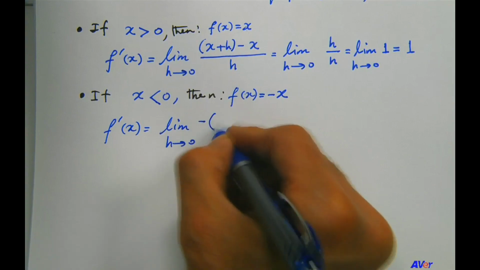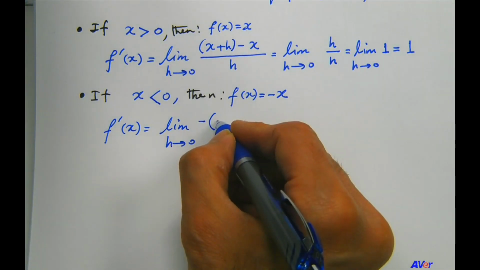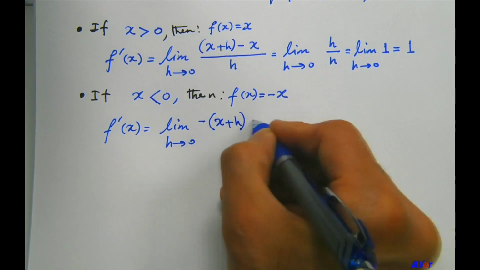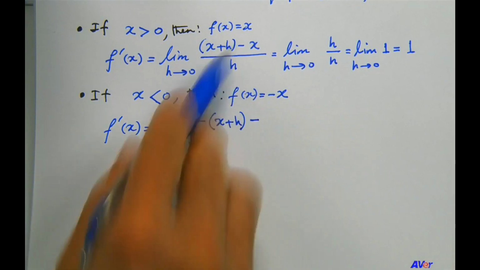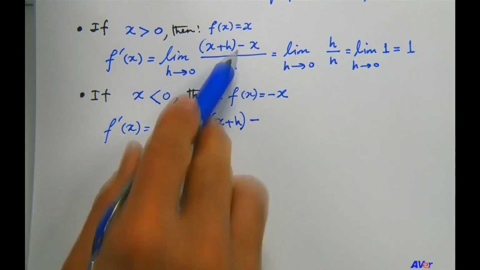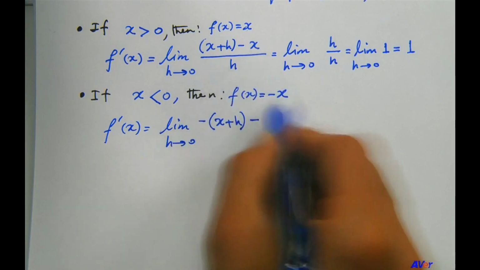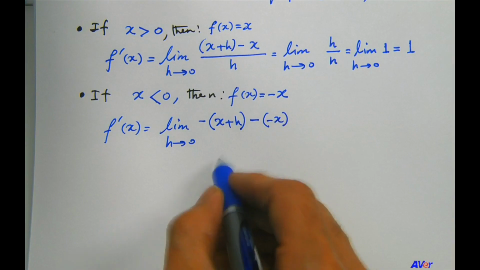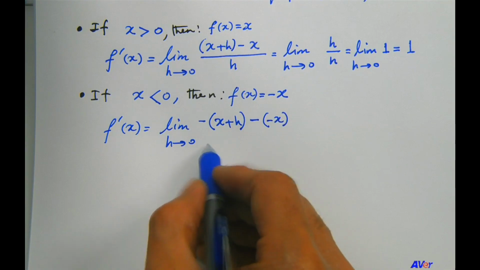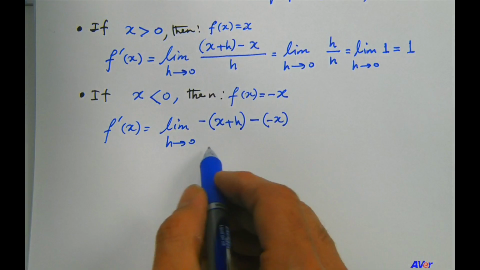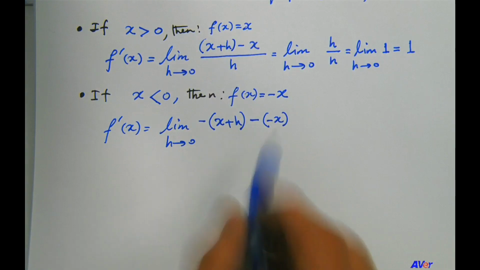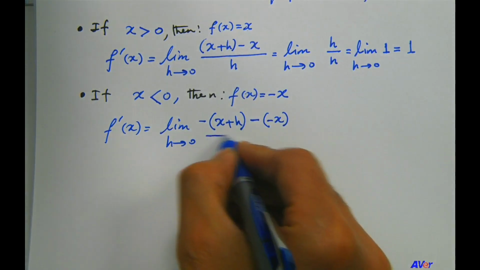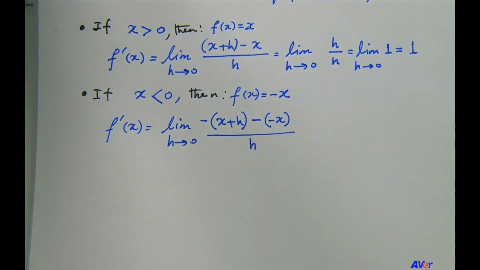So we have minus, minus x plus h, then minus of this minus, right? Minus, and this time instead of x we have minus x, so minus x. Okay, so let's see. Right, so this is all of this over h.